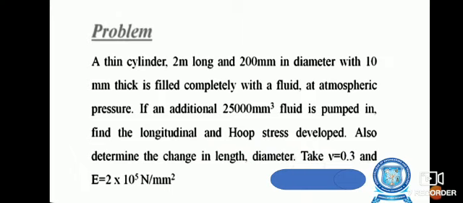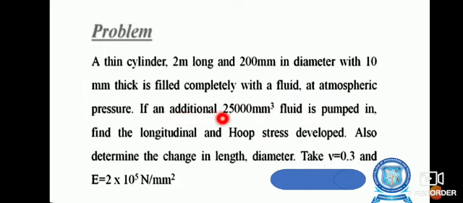So, once again, I will read the problem. Listen carefully. A thin cylinder 2 meter long, so the length will be 2 meter, and 200 mm in diameter with 10 mm thickness, so thickness is 10 mm, is filled completely with a fluid at atmospheric pressure.